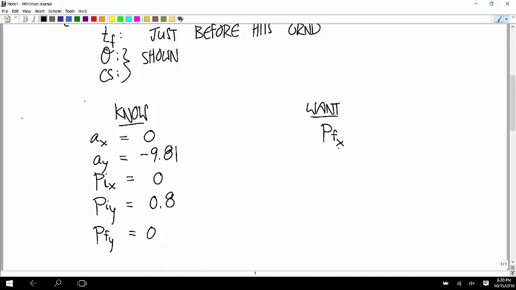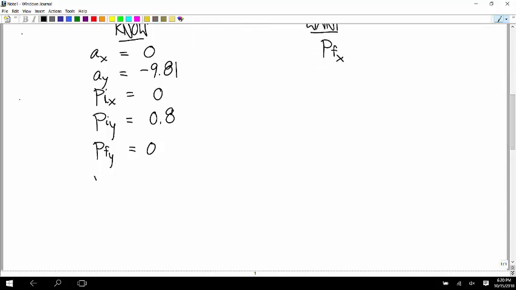Do we know anything about the initial velocity? So VIX, VIY, we know both of these because we know that at the instant the object's dropped, it's moving horizontally with a speed of 15 meters per second. If you put the tail of that vector at the origin, you're just trying to come up with the coordinates of this point.